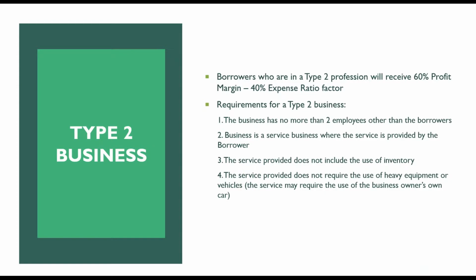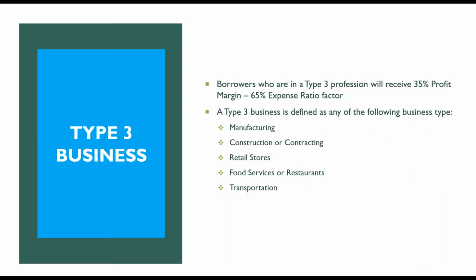And then the business here has no more than 2 employees other than the borrowers. And the business is a service business where the service is provided by the borrower. And then another thing to note here is does not require use of heavy equipment or vehicles. This would be a different type of business.